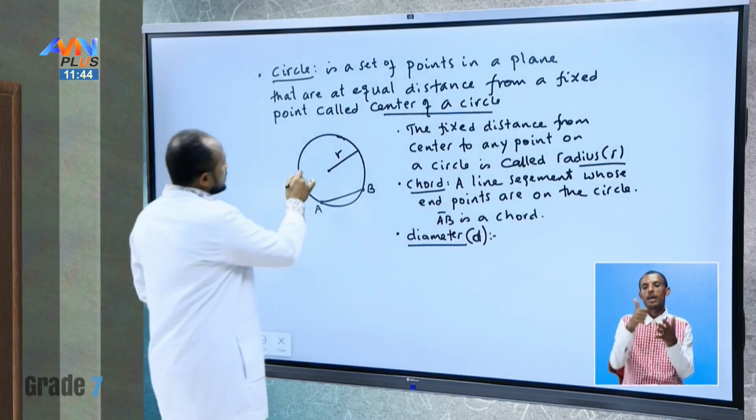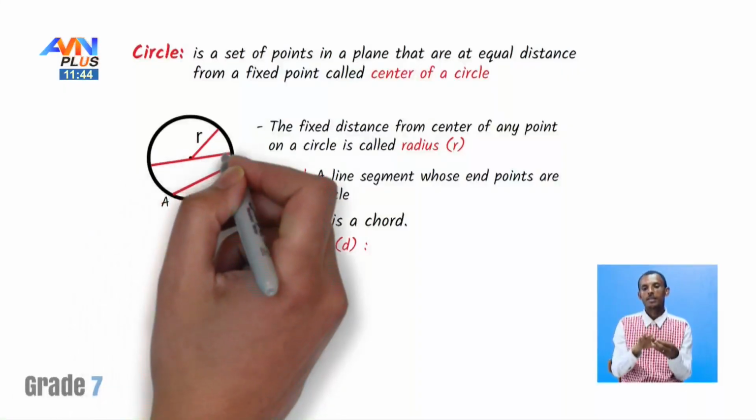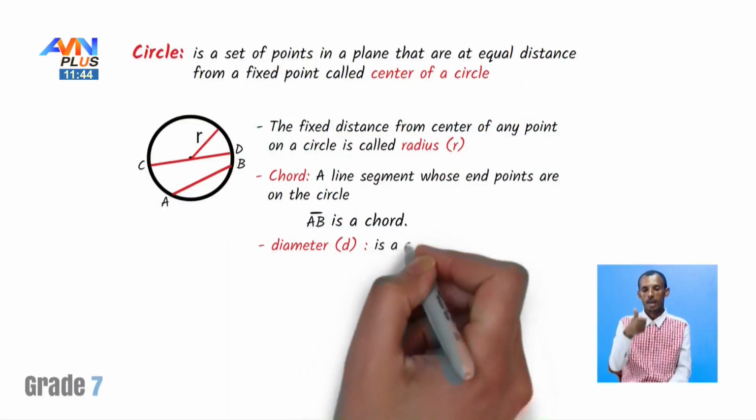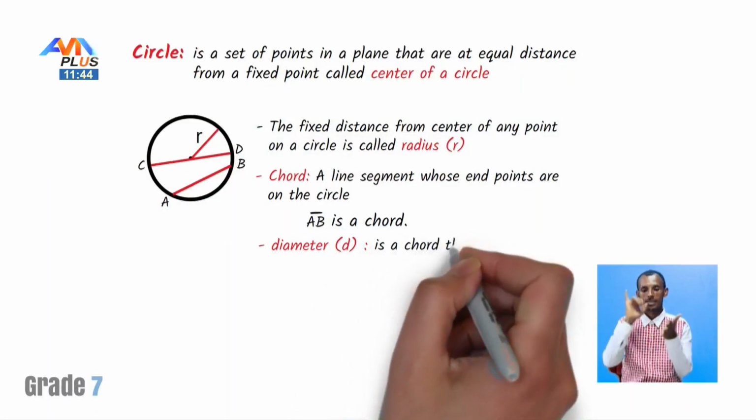A chord that passes through the center of the circle, we call it a diameter. CD is a diameter.